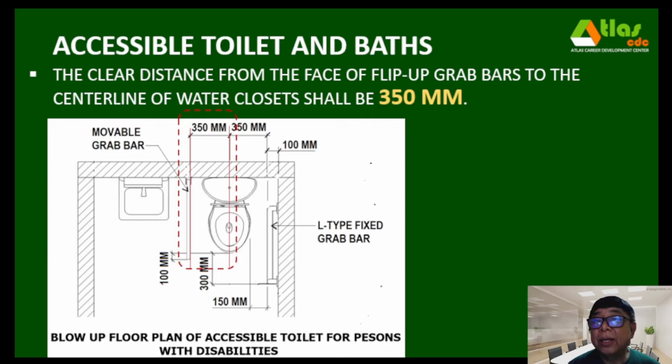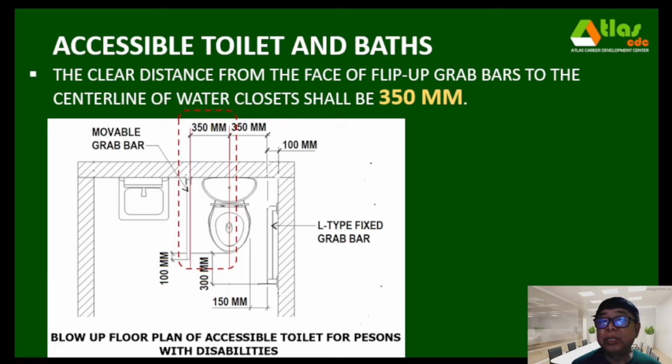And then the clear distance from the face of the flip-up grab bars to the center line of water closet shall be 350 mm. So it's the center line of the water closet, and this is the face of the flip-up bar, also at a distance of 350 mm.